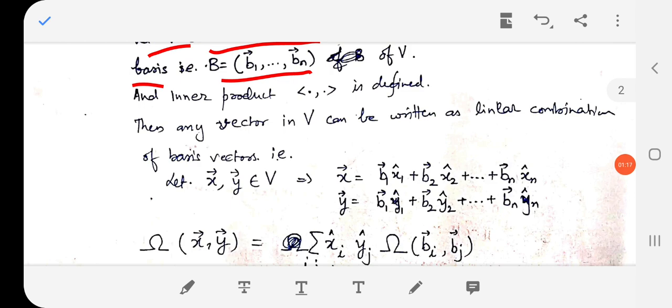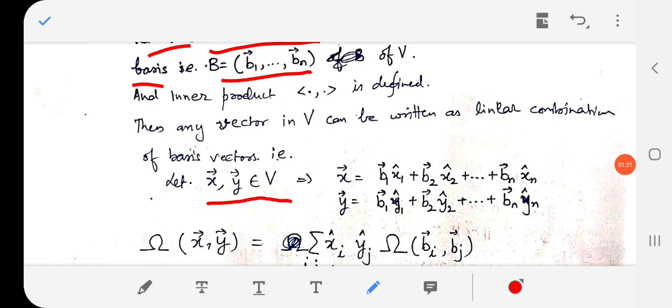Since every vector in this vector space V can be represented as a linear combination of basis vectors, we can write them all like this. Now if we are going to find the bilinear mapping, or the inner product value, of these two vectors, we can write it like that because it's a bilinear mapping.